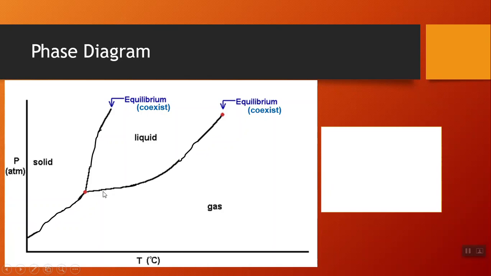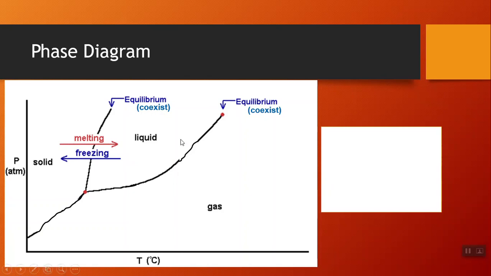Solid and gas, right? Now, if we have a substance that starts as a solid and we were to increase the temperature, then we have a melting phase change. And if we were to do the opposite, lower the temperature, then our substance would freeze.